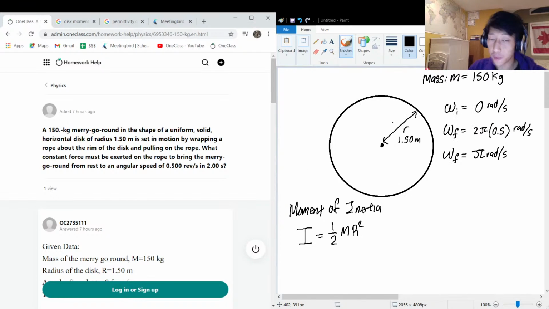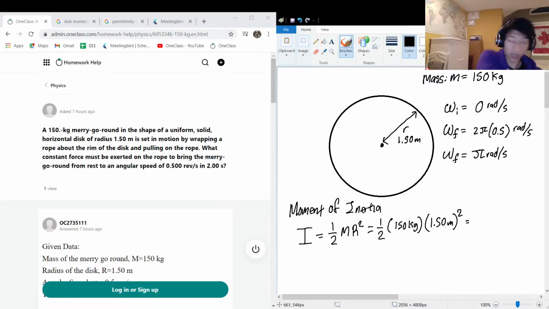Okay, so if we wanted to calculate this, well, we know that we have 1/2 the mass, 150 kilograms, and the radius, that is 1.50 meters. We got to square that whole thing. So pull out the handy dandy calculator: 1/2 multiplied by 150 multiplied by 1.5 multiplied by 1.5, because that is squared.